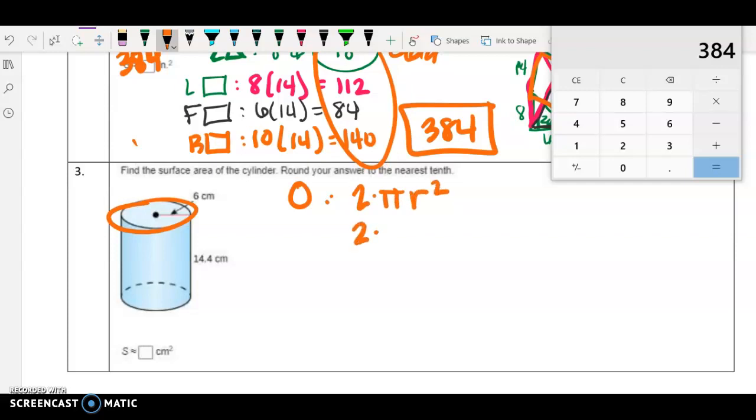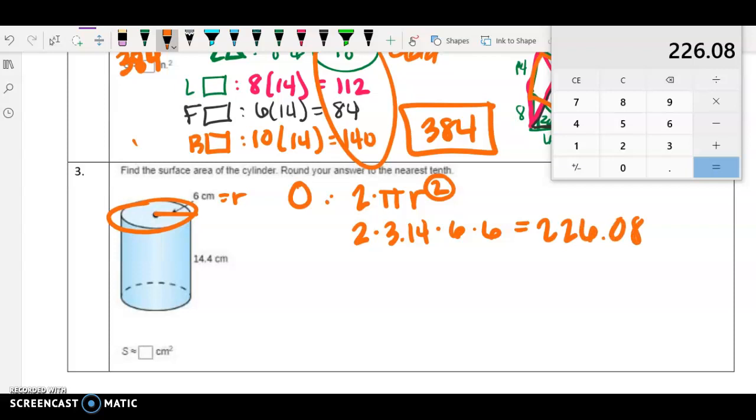So we have 2 times 3.14 times our radius, which is 6, times our radius again, because we have to do that twice.